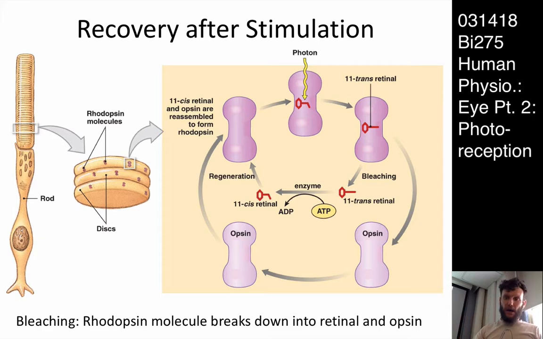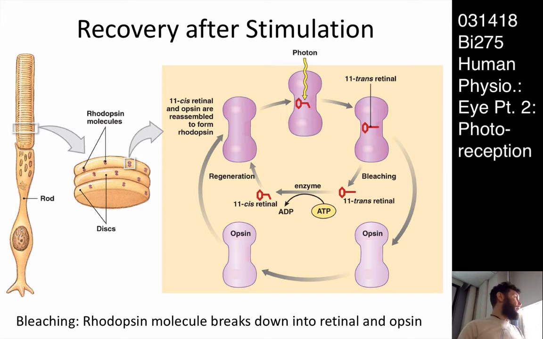Thus, opsin is free to go through the activation of transducin and phosphodiesterase, et cetera. But then 11-cis retinal gets reconstituted, and in so doing is then able to reassociate with opsin and reform rhodopsin. So this is bleaching.